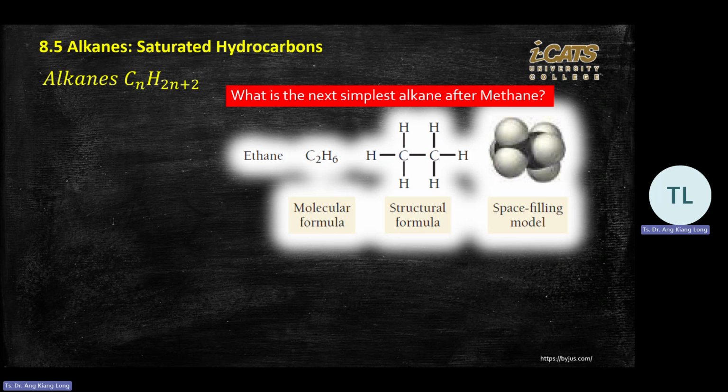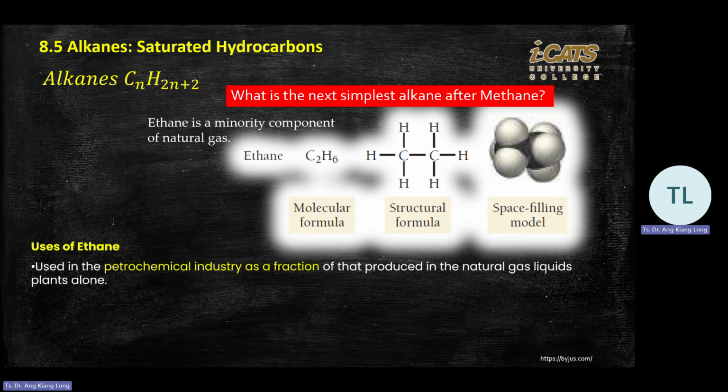For the first orbit only, you can only put in 2 electrons. From the second orbit onwards, you can have up to 8, and there is a formula for that.